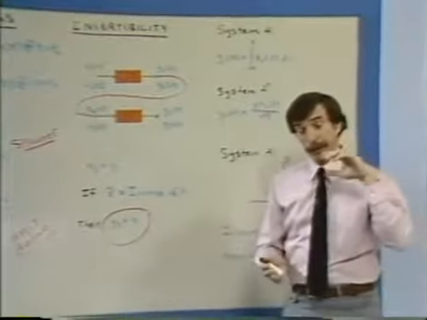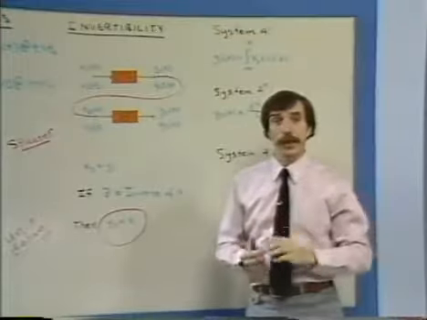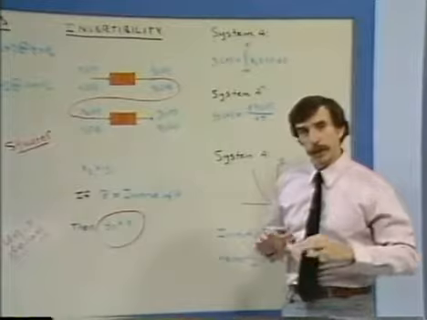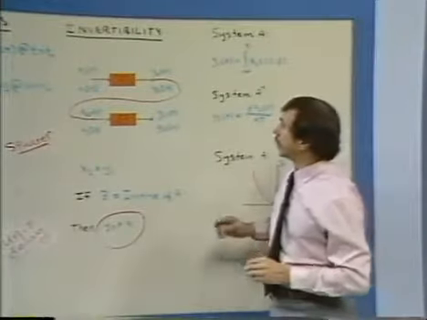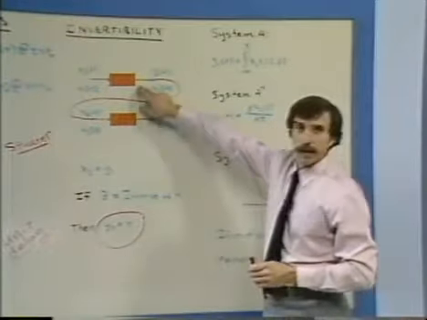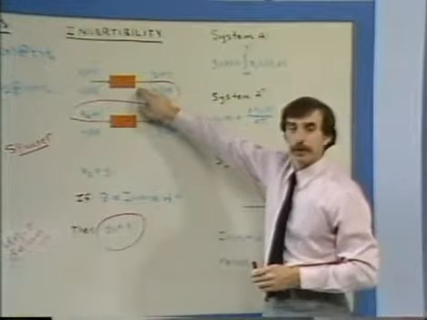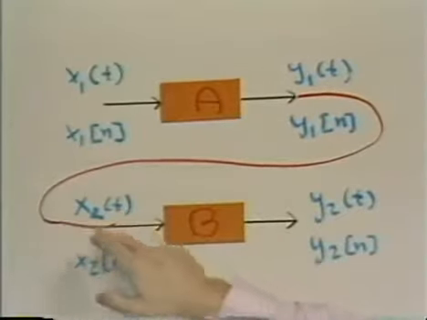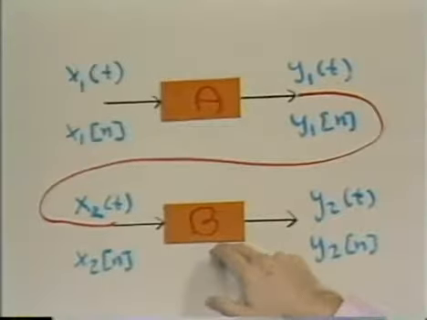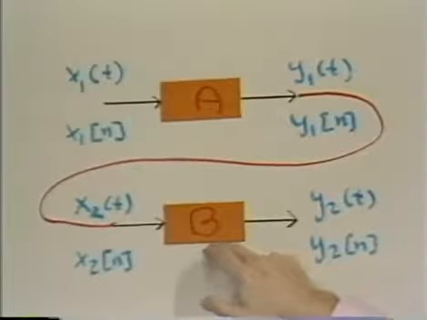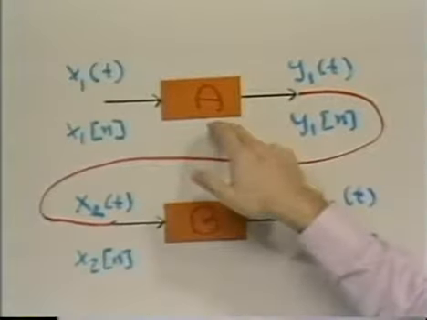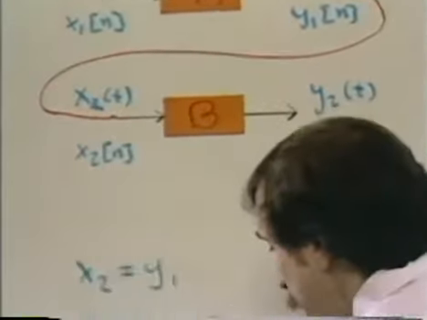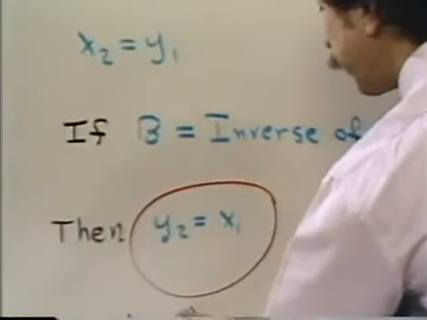Now, I know there are a lot of inputs and outputs and inverses in there, but essentially what we mean by what I've just said is that if we have System A and it's invertible, and if we cascade it with its inverse, System B, then the overall cascade of these two systems is simply what's referred to as the identity system.